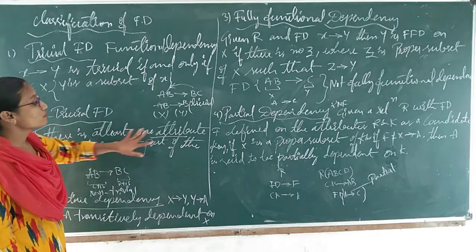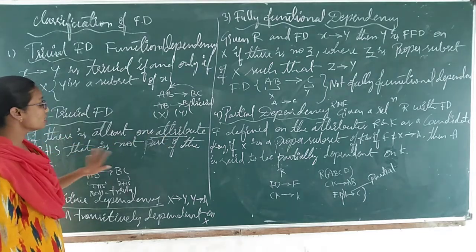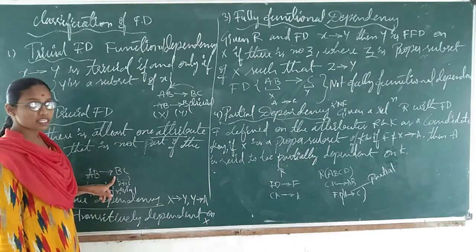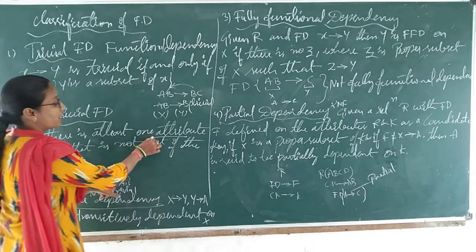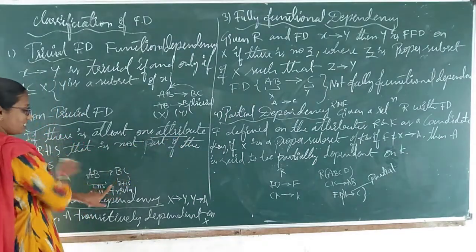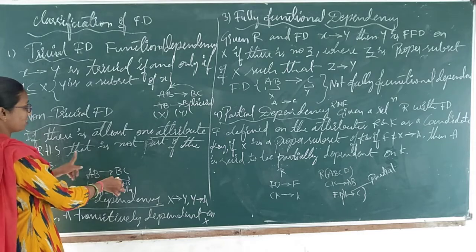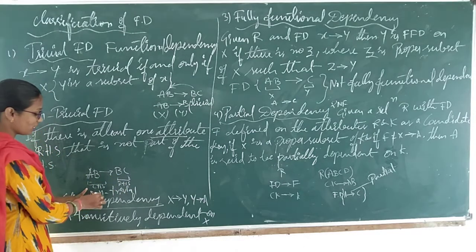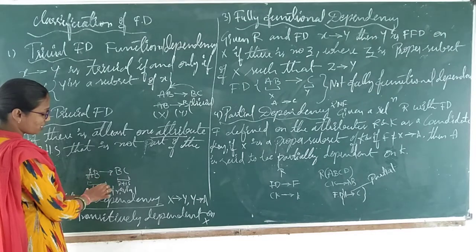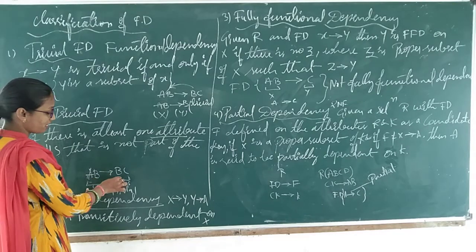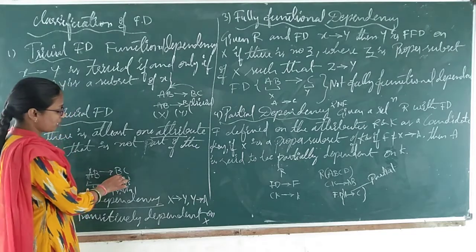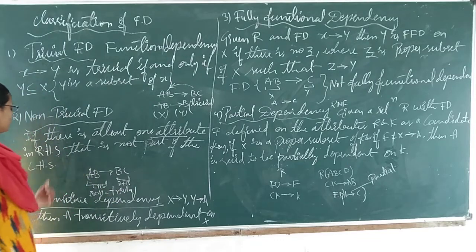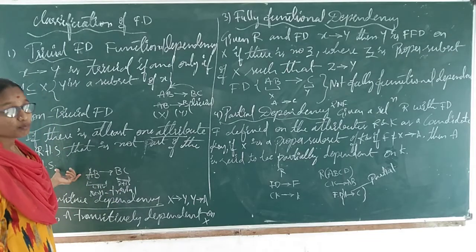There is at least one attribute in the RHS, C, that is not part of the LHS. AB is the LHS, and BC is not entirely in the LHS. That is a non-trivial functional dependency.